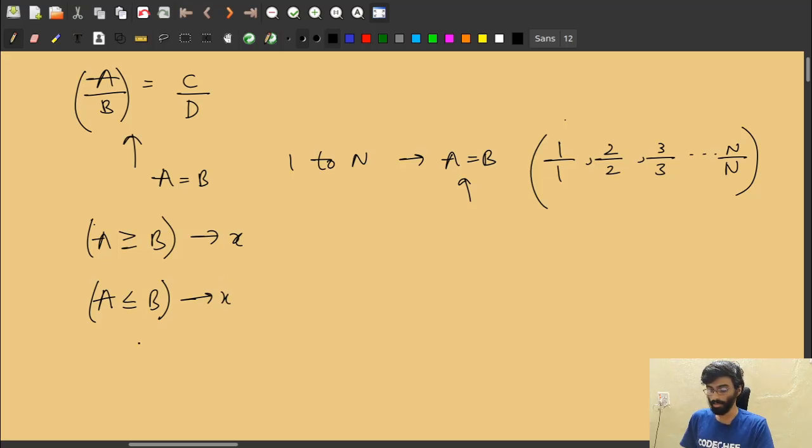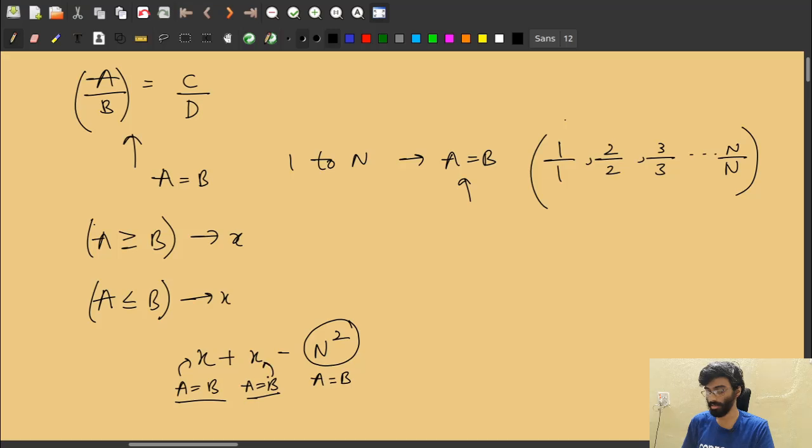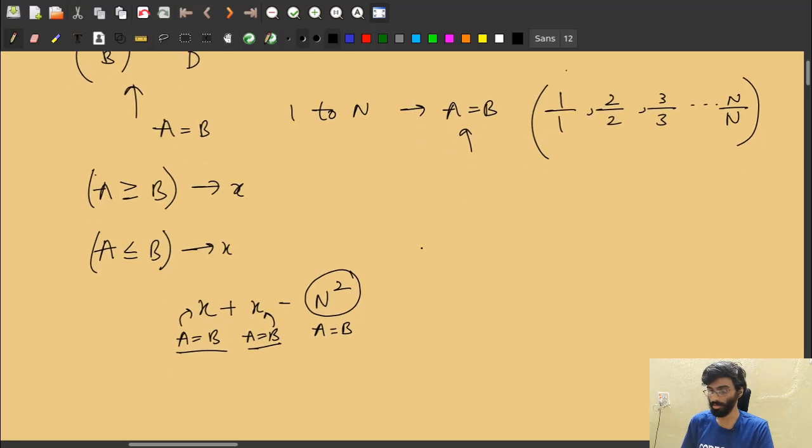Therefore the total pairs will be x plus x minus n squared, as we are counting the a equals b pairs in both cases and we have to subtract them once. So our final answer will be 2 times x minus n squared.